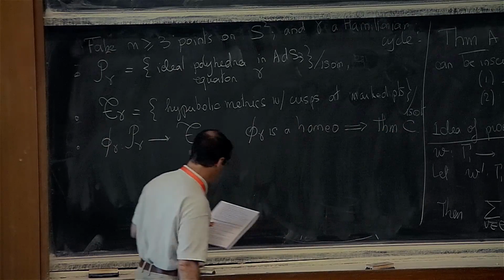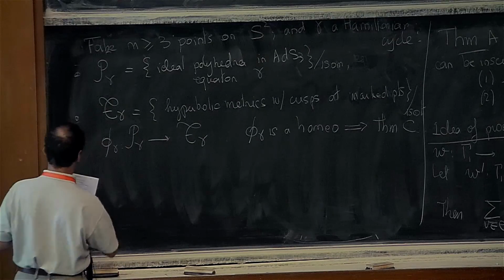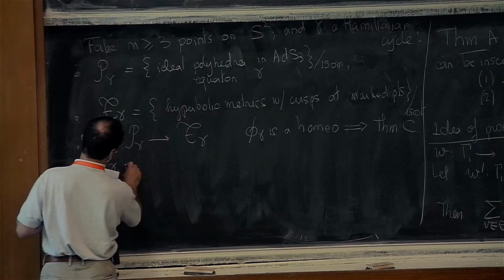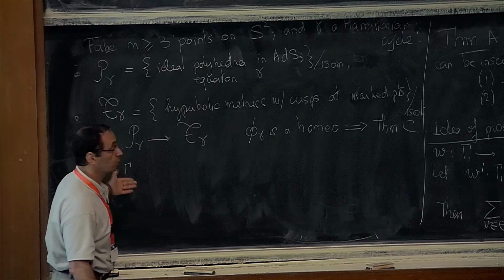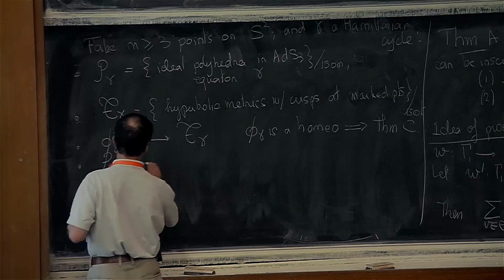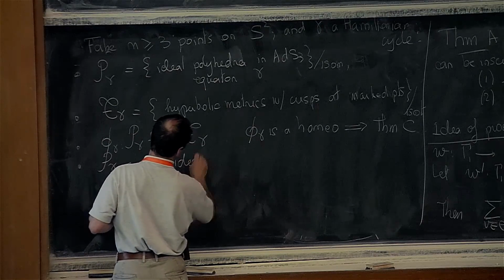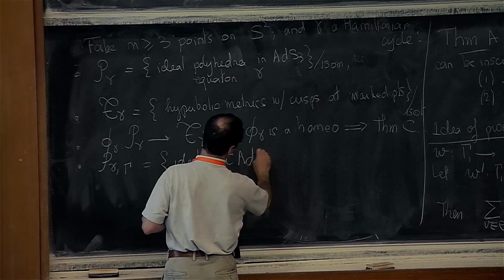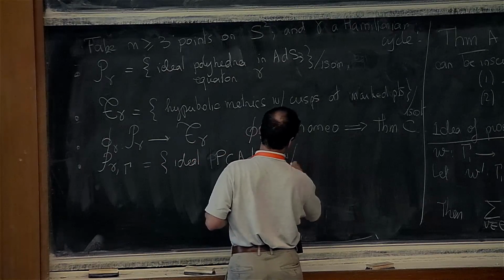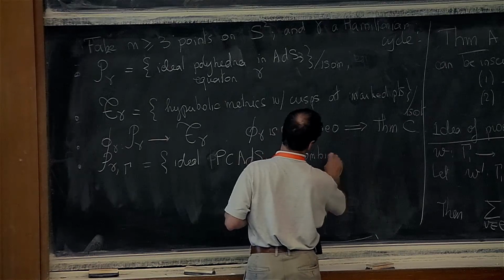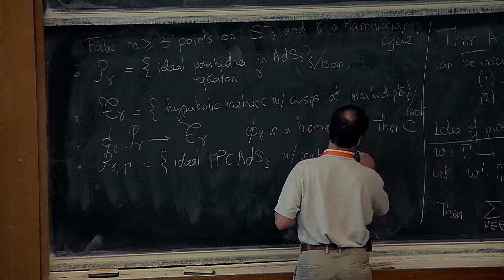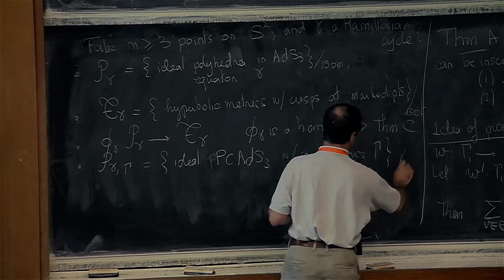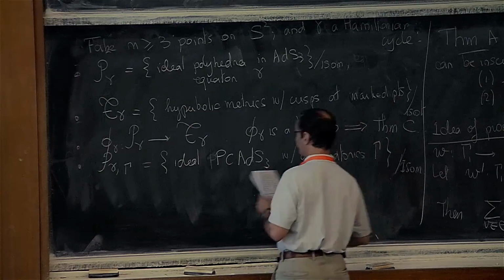Yeah? And for theorem B, basically it works the same way. So now we have P gamma and big gamma. So it's the same definition here, but now we fix the combinatorics. Yeah? So ideal polyhedra, ideal P in AdS3 with combinatorics big gamma and equator given by small gamma, up to global isometry.